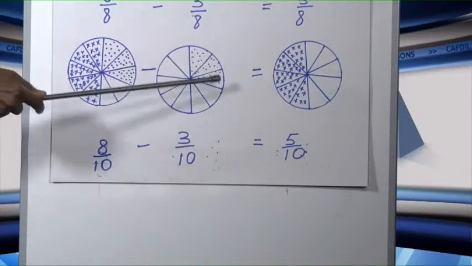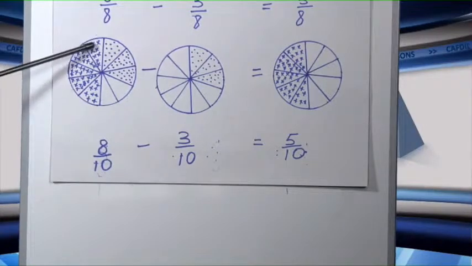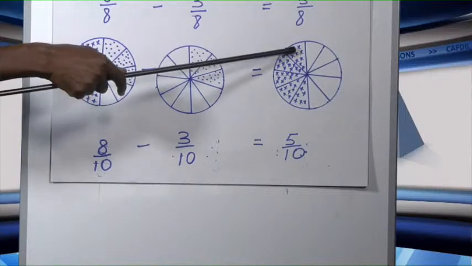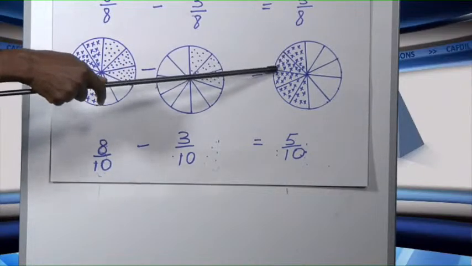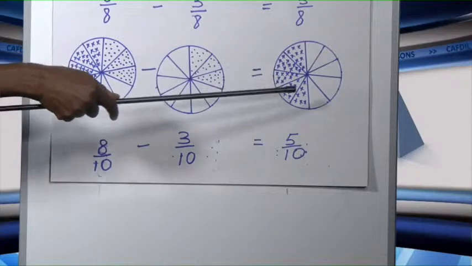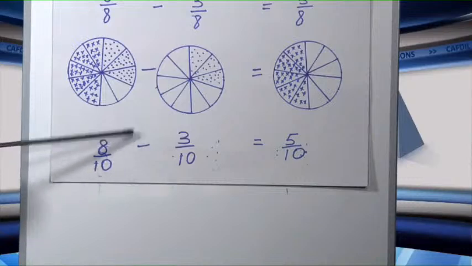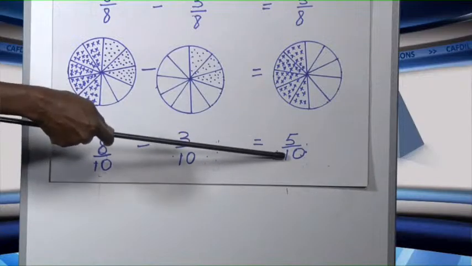If you take this kind of shading from this, what you have is this. 1, 2, 3, 4, 5. Look at it here. 1, 2, 3, 4, 5. And so 8 tenths minus 3 tenths is equal to 5 tenths.